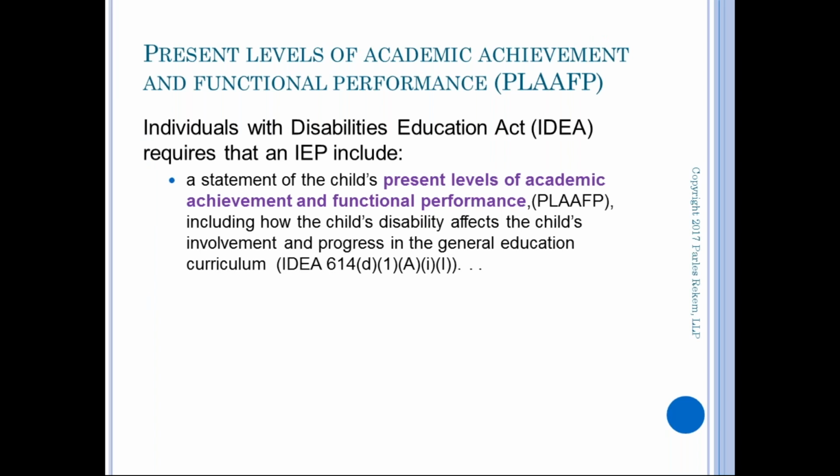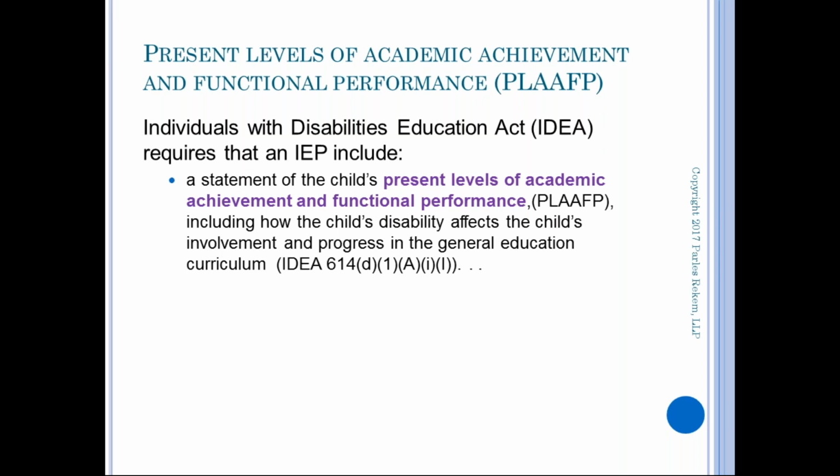Okay, so the present levels of academic achievement and functional performance, that's a lot of words, but let me just break it down. So it's a statement of your child's present levels of academic achievement and functional performance, known as the PLAF. Present levels of academic achievement relate to the core subjects that your child is taking: reading, writing, math, science, social studies.